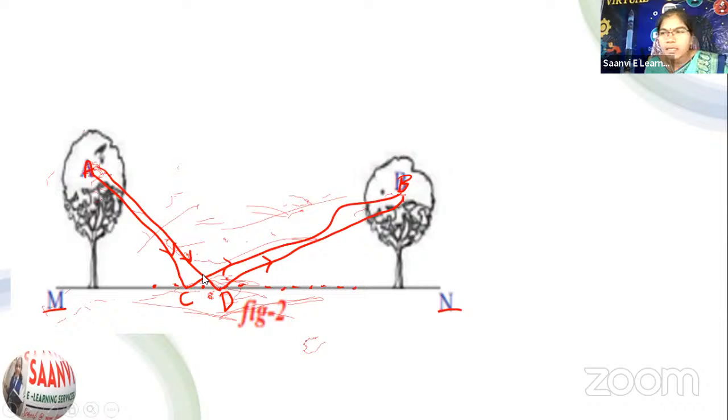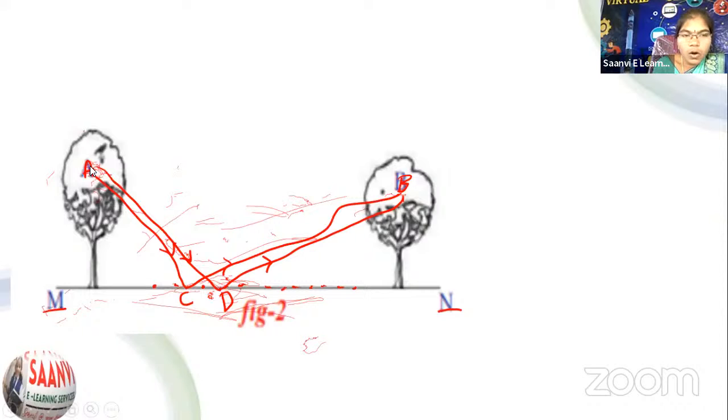One crow is at A. The aim of the activity is to know about reflection, to know the laws of reflection. So this crow at A will pick one grain and should go to tree B. This is the aim of this activity.